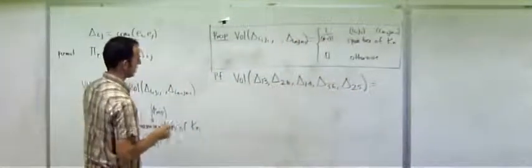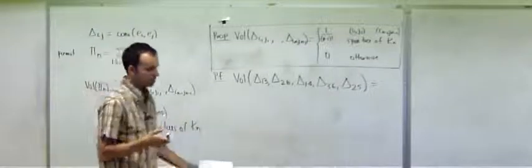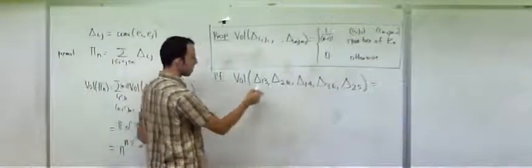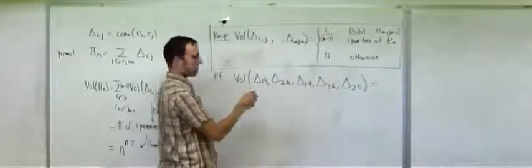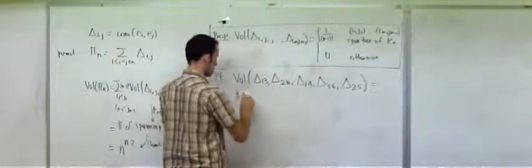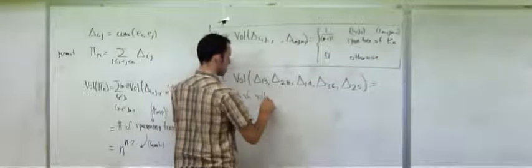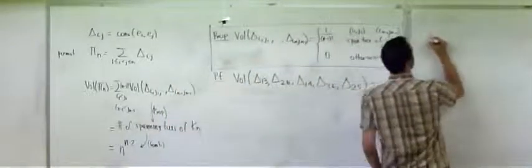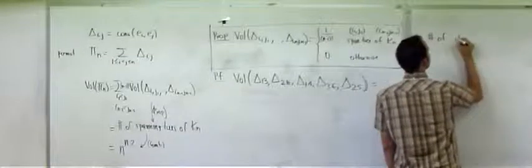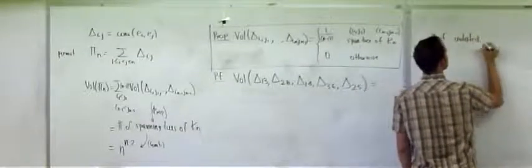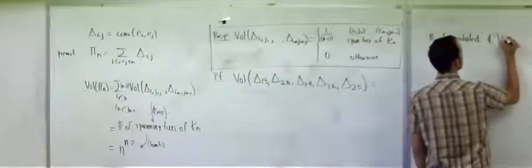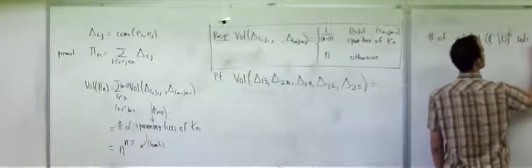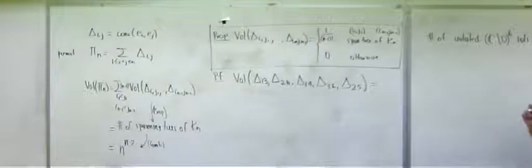Well, let me show you what happens. I mean, what is the system of equations that we get? We get the number of isolated solutions to a system of equations. Okay?